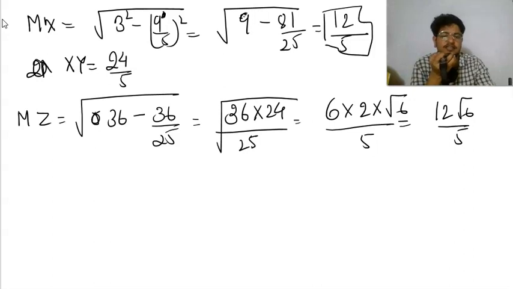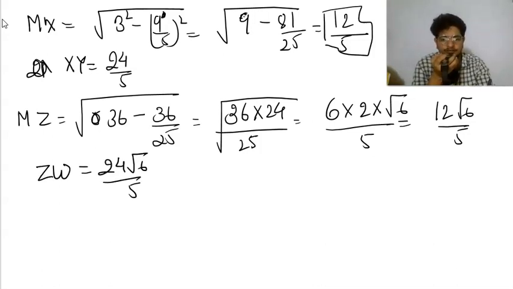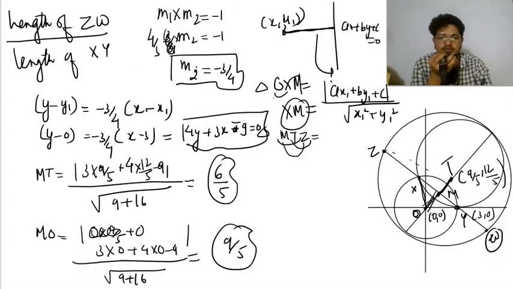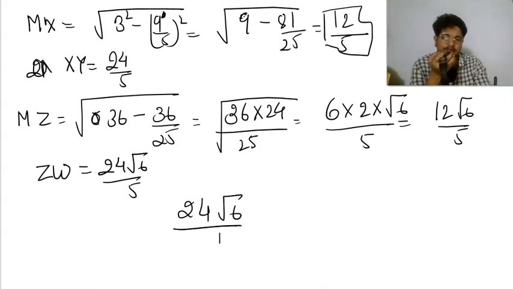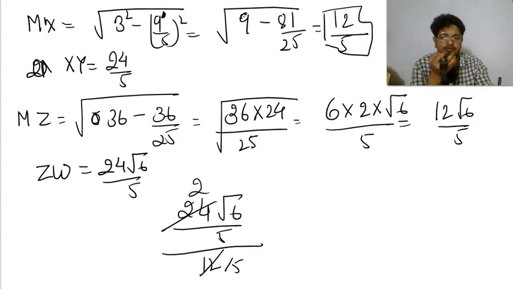Now if I double the distance, we get the value of zw, which is equal to 24 root 6 by 5. Now we take the ratio, because we have to find the length of zw upon the length of zy. The length of zw is 24 root 6 by 5, and the length of zy is 12 upon 5. 12 cancels 24, it gives 2. 5 cancels 5, so it gives 2 root 6.